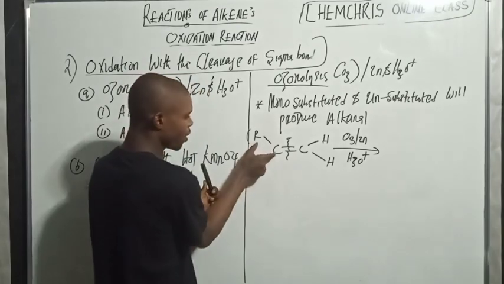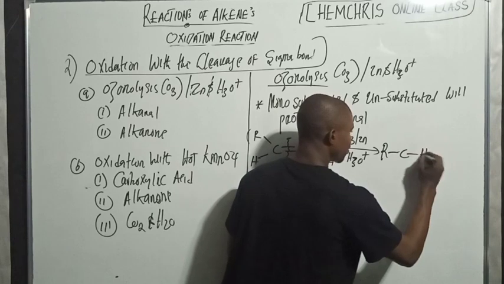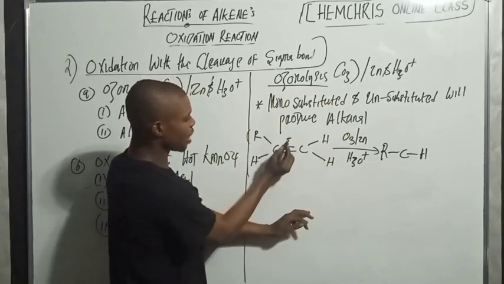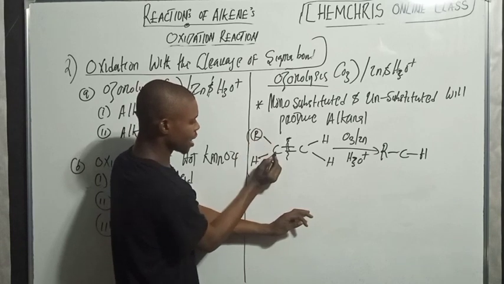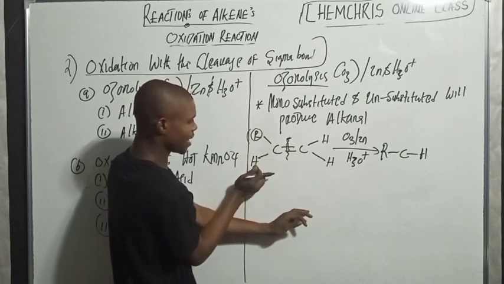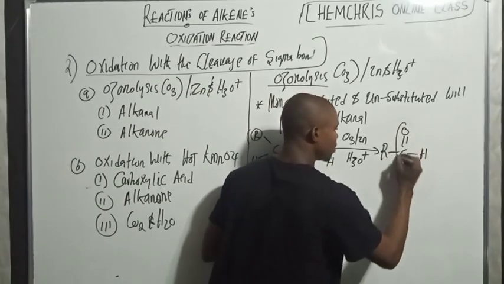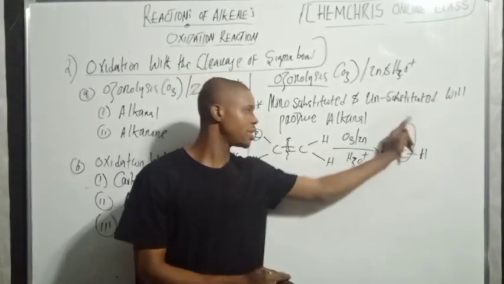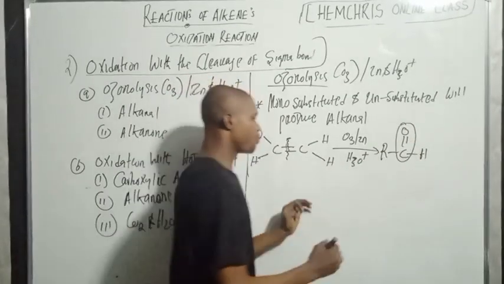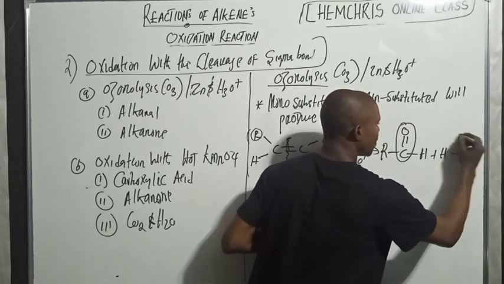So now you are going to get RCH. Can you see that? When you break this, you have the carbon R, which is the alkyl, breaking from this carbon atom and the hydrogen here. So you produce an alkanal, the carbonyl functional group here. Plus, if we have hydrogen, carbon, and hydrogen, it can be another carbonyl functional group.